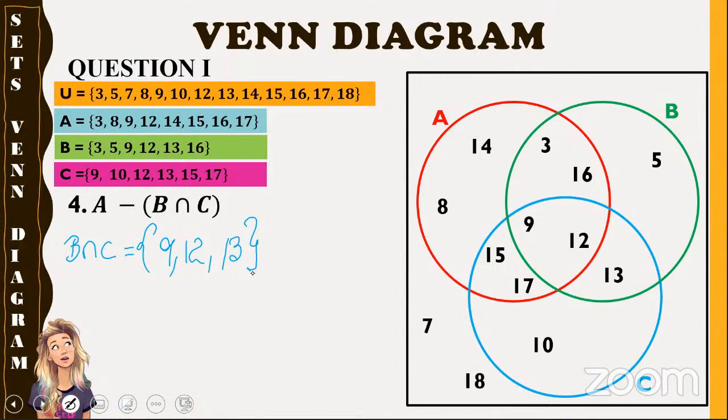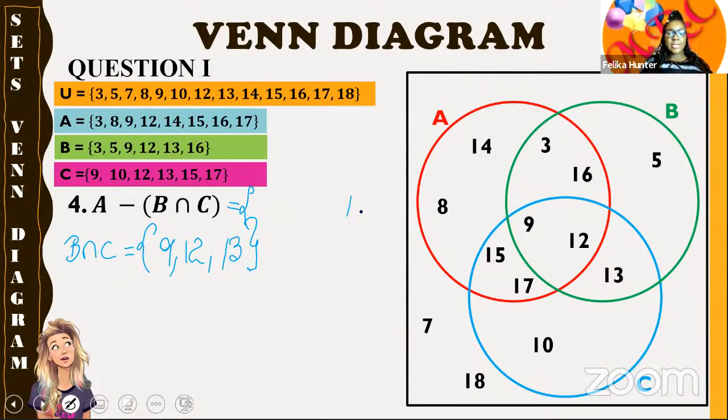You're going to find the A minus. So what would that be? Miss, it's 14. All right, so I write 14 out here.